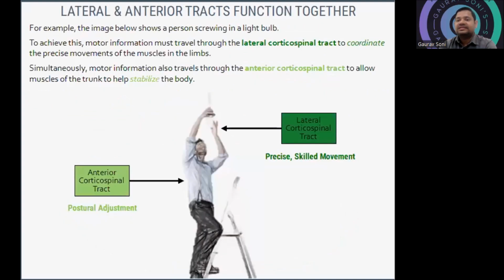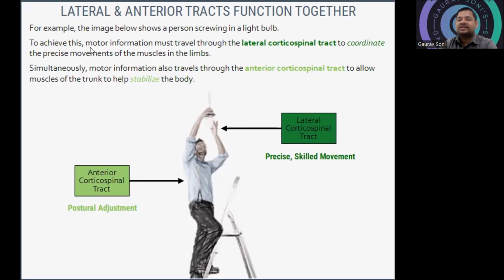Now talking about the anterior and lateral tracts functionally, when they are going to act together. You can see precise skilled movement is via the lateral corticospinal tract, and the anterior corticospinal tract is for postural adjustment. You see the man is climbing the staircase and changing the bulb from the holder. This is a precise movement, controlled by the lateral corticospinal tract, and this is postural adjustment from the anterior.